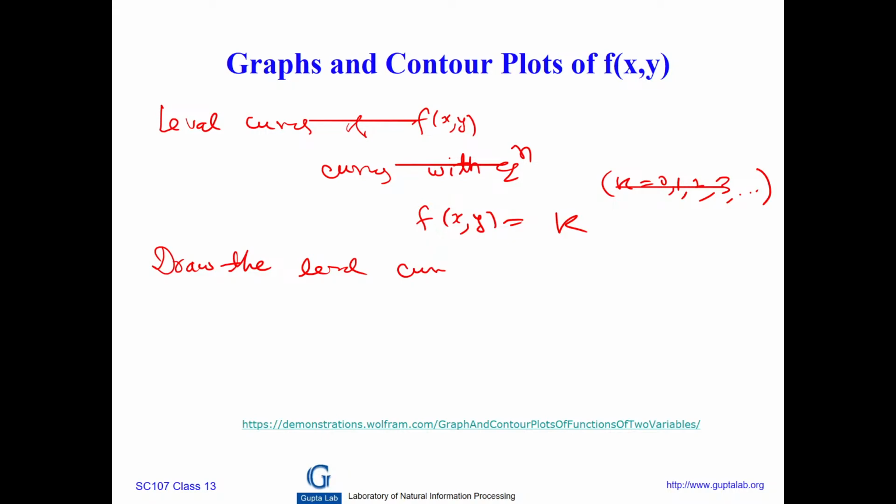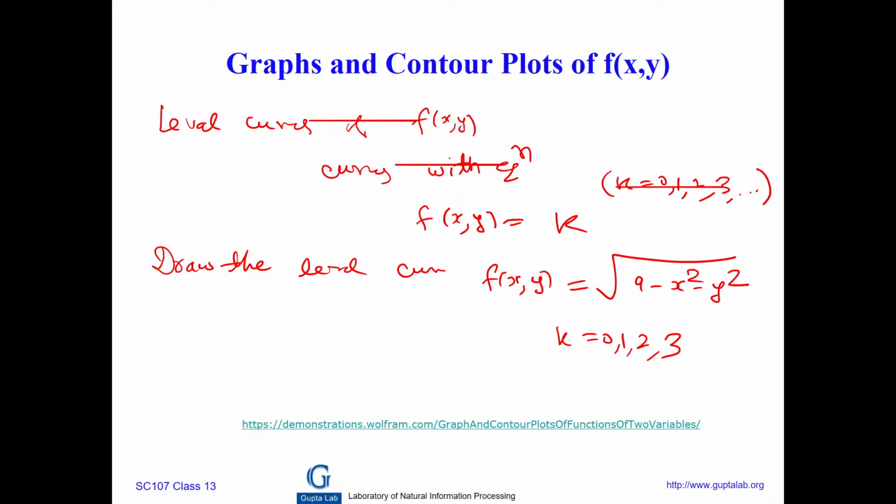This is known as level curves of the function. This is an exercise I'll ask you to do: find the level curves of this for k equal to say 0, 1, 2, 3, or the contour plot, whichever way you like.